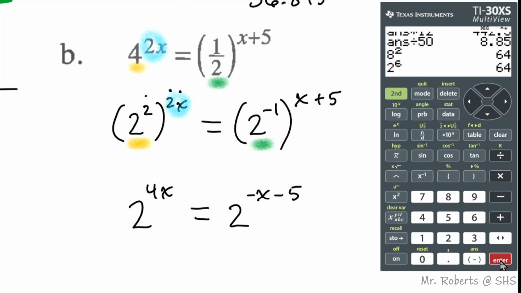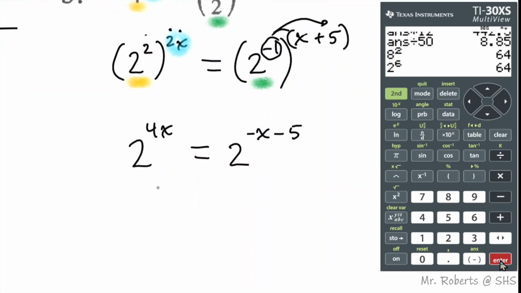I had to multiply this power by this power, so both of those got hit with that factor of negative 1. Now that my bases are the same, what can I do? I can set this exponent equal to this exponent and solve.